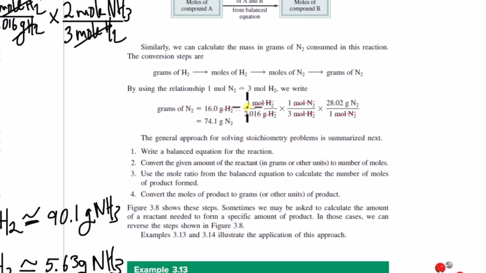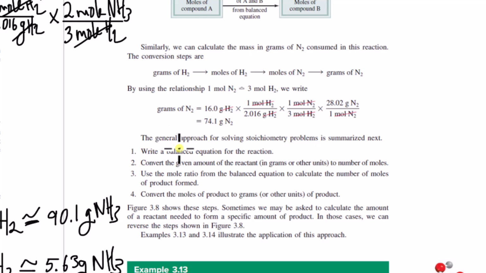You just start by converting the 16 grams to moles of H2, but now you use a different stoichiometric equivalency, because in this case, you want to go to the other reactant, the N2. So then you're in moles of N2. Now convert to grams of N2, and you've got 74.1 grams of N2. So in this reaction, 16 grams of H2 reacted with 74.1 grams of N2 to produce 90.1 grams of NH3.